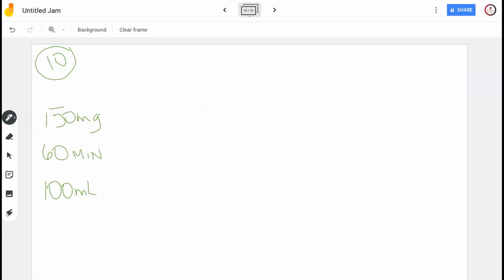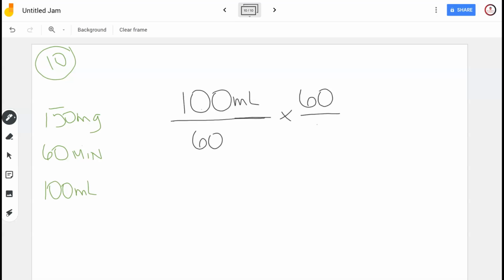So, use volume over time. You want to give 100 milliliters. You are going to do it over 60 minutes using a mini drip. Simplify. 10 times 60, 600, divided by 6, 100 drops a minute.